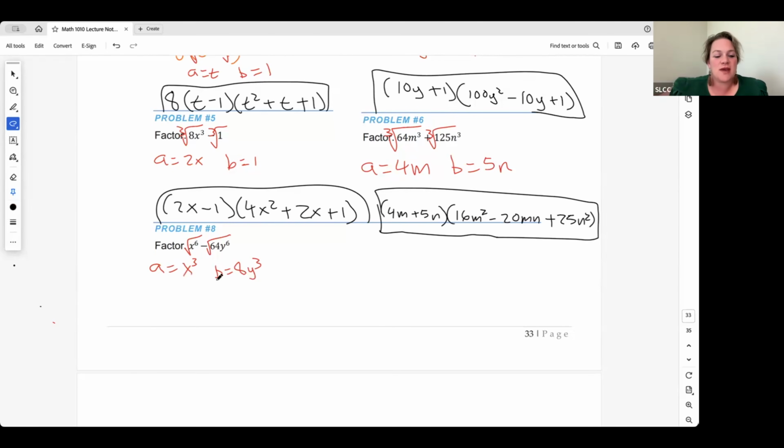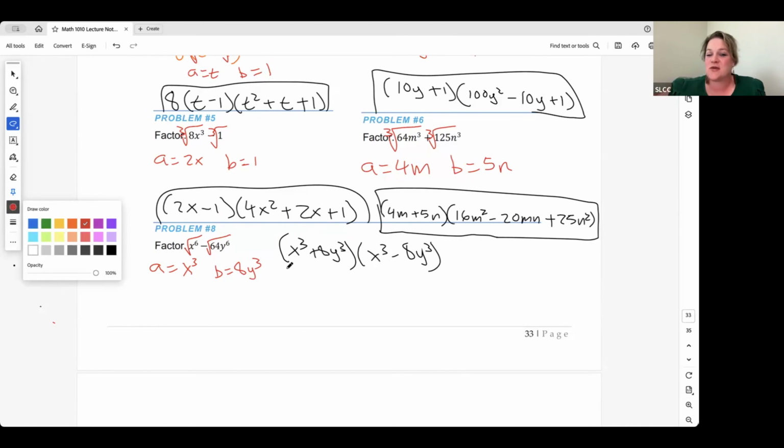So then this would become x cubed plus 8y cubed times x cubed minus 8y cubed. Now we have the sum of cubes and the difference of cubes. Remember, it says factor completely, so keep going until you're done, until you have that product of primes.